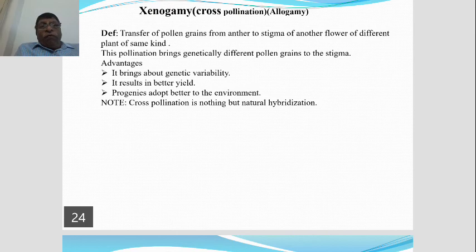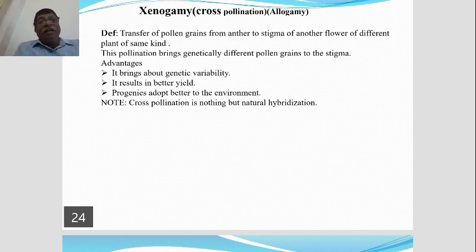Advantages of cross-pollination. See, because of cross-pollination, genetic variability is there. Genetic variability means the genes are coming from different plants. Naturally, the progenies are different. Okay.